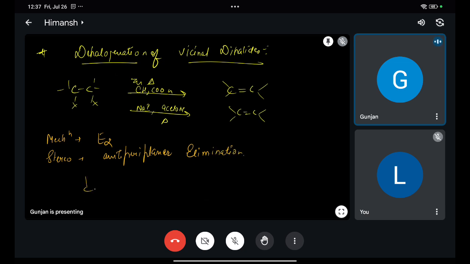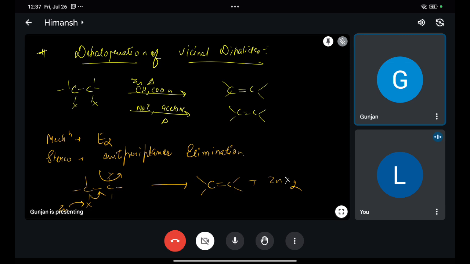So they need to be anti to each other, and only then, let's say zinc gives the electron over here, it moves over here, and ultimately the halides are removed and we get this alkene. Zinc iodide is formed, or any halide, whatever the halide is, it eliminates out. We just need to remember that this will be an E2 reaction.